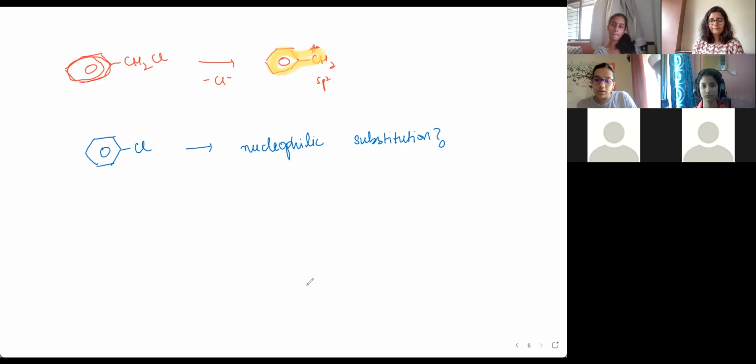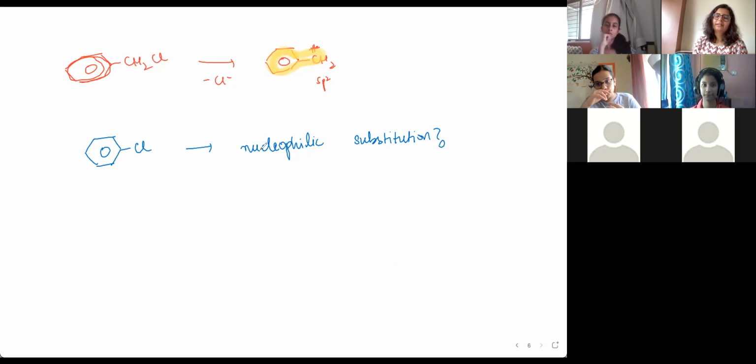Because there's no electron deficient area in the ring. Haloarenes tend to have benzene rings in them. That's why they are arenes, because they have aryl structure.